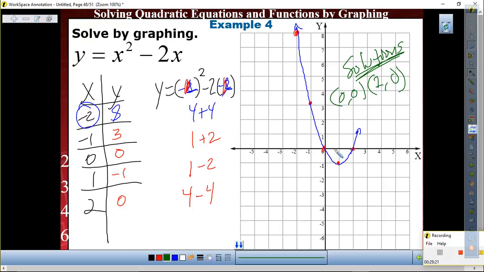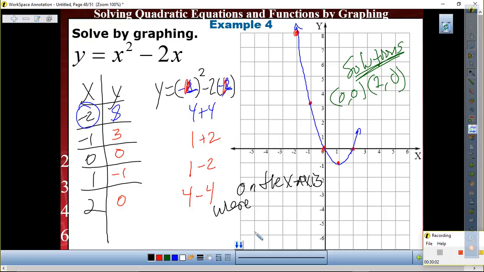Who can start filling us in? A solution to a quadratic function is? Close. Hannah? Is on the x-axis. On the x-axis, where what?